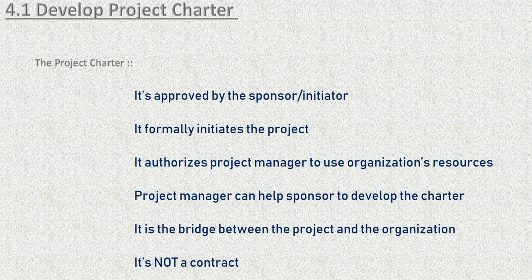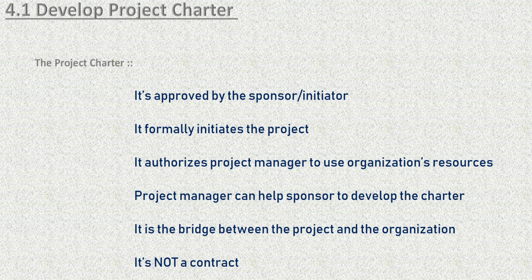So basically a contract includes the monetary binding part plus the legal binding, right? And the most important part is that a contract is involved when the initiator of the project and the project executing organization are two different organizations.